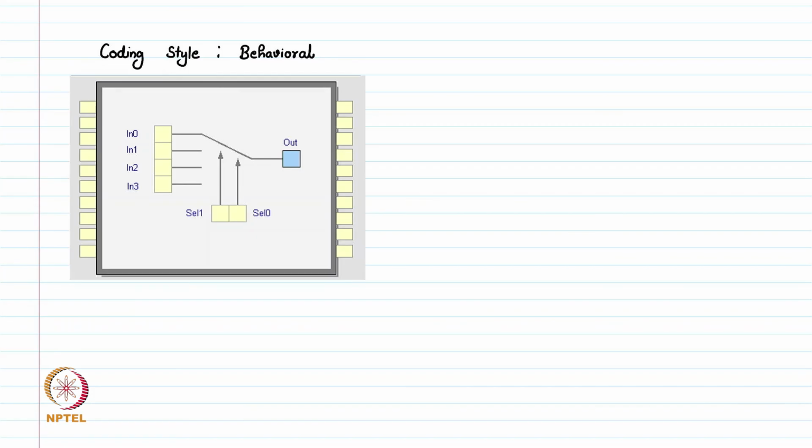Now, the third type of coding style is behavioral. In this type of coding style, we just know the output pattern with respect to the input pattern.